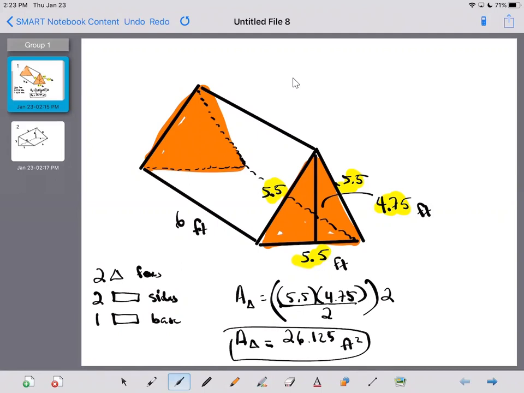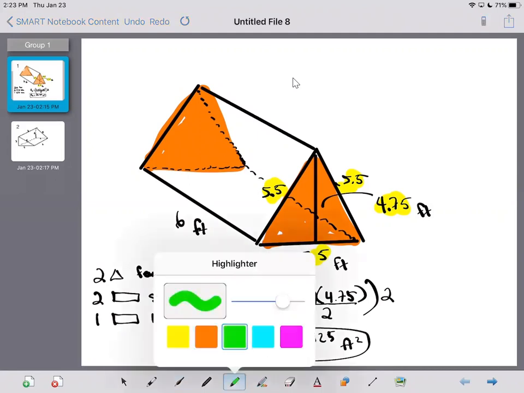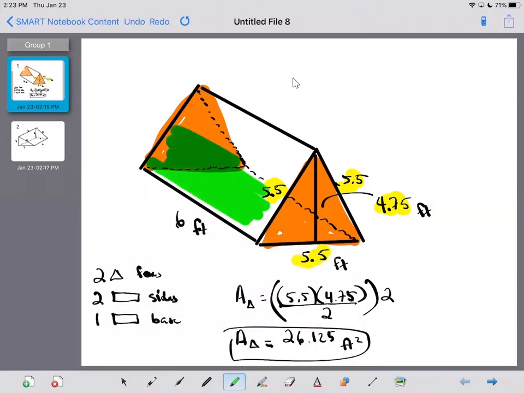Now I have the two sides. I'm going to look at that in the green here, and on that other side you'll see those two sides of the tent. If this is 6, then this is 6, and this is 5.5.